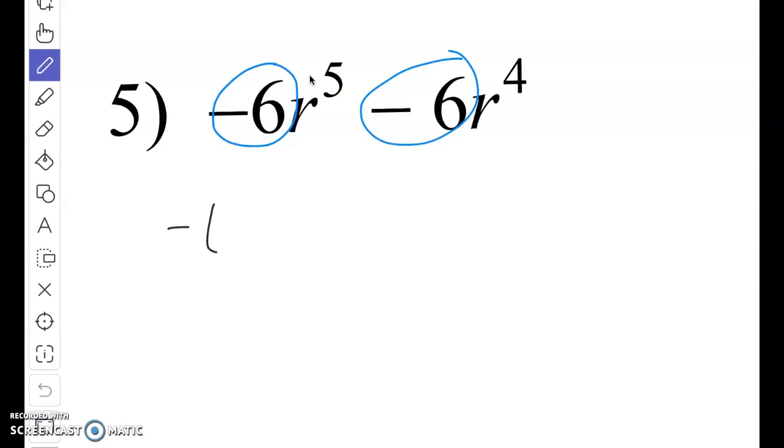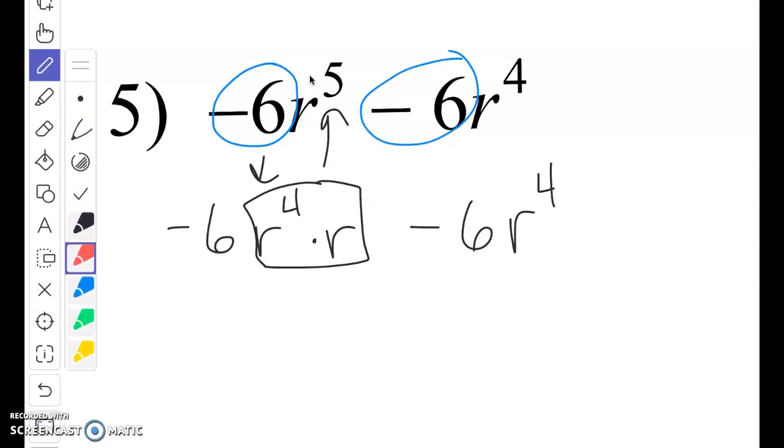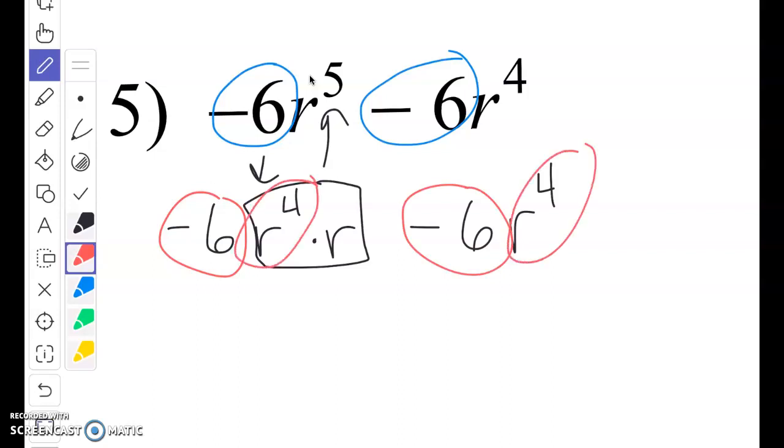So I'm just going to break that down, even though some of you will get it just by what I said. So I could write this first part as r to the fourth times r is r to the fifth. And then the next part would be minus 6r to the fourth. So if you look at what do they have in common, they both have the negative 6, and they both have an r to the fourth.